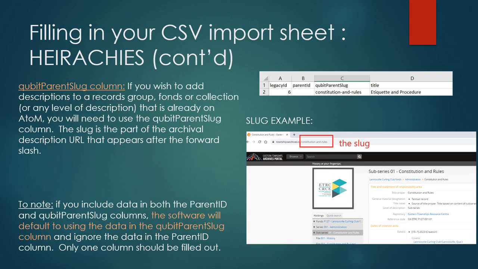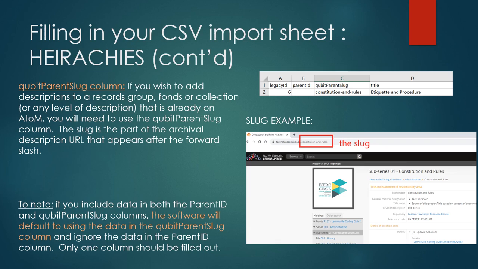So if you wish to add descriptions to a top level or any higher level of description that's already on AtoM, you just need to use the slug portion of the URL and put that into the qubit parent slug column. The slug part is anything that appears after the slash in the URL for this particular description.